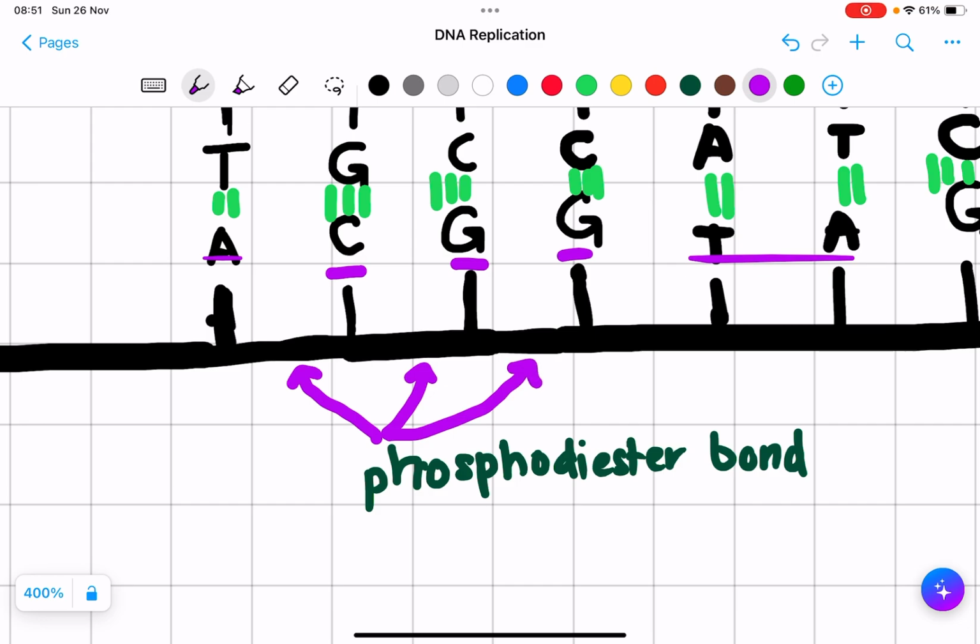So make sure you can differentiate hydrogen bond. Hydrogen bond is between the DNA strand. But phosphodiester bond is in the same strand. Strand yang sama yang menghubungkan DNA nucleotide di tepi.